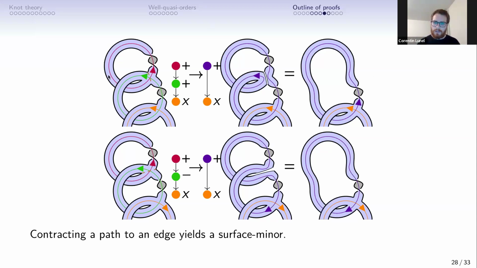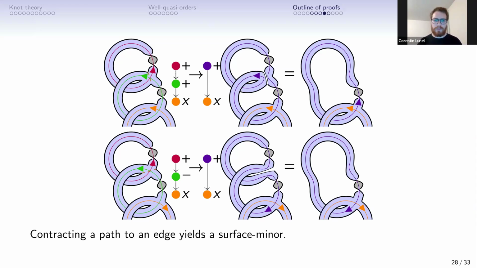Here, on this example, we want to prove that we can contract this path to this one. So what we do is we cut along this curve here, in this way. And then we have to check that the construction still yields the proper surface after the cut. To do so, we have to check the orientation, and that things still work. And that's what we do.